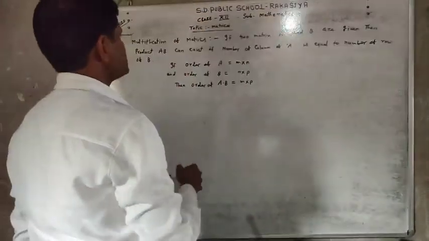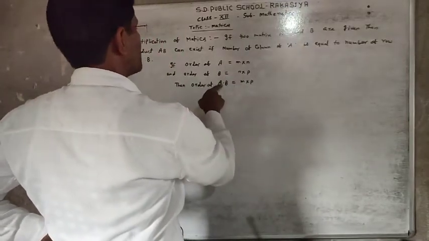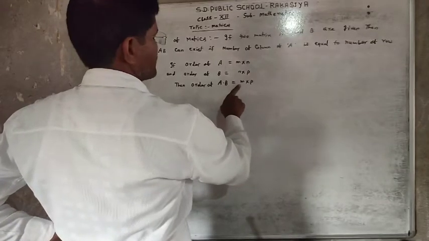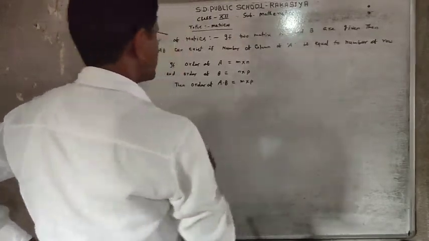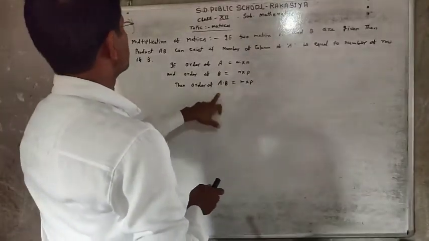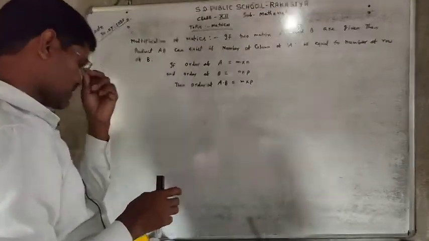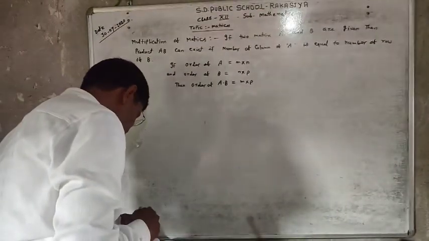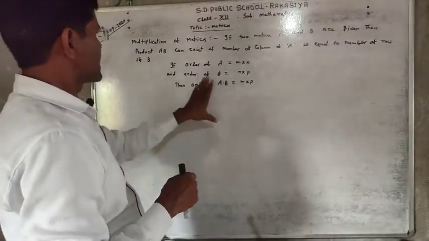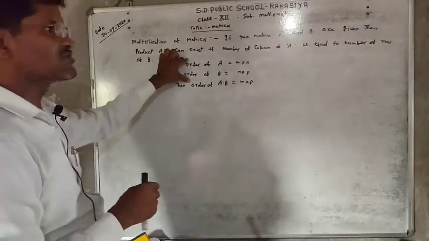Meaning the number of rows of matrix A and the number of columns of matrix B give the order of the matrix AB. AB can exist if the number of columns in matrix A is equal to the number of rows in matrix B. Hence the matrices are called conformal to multiplication.